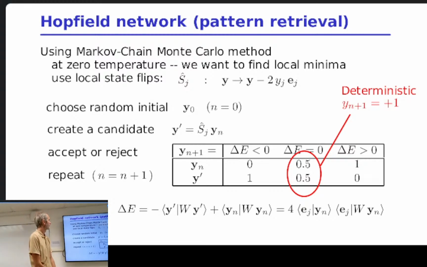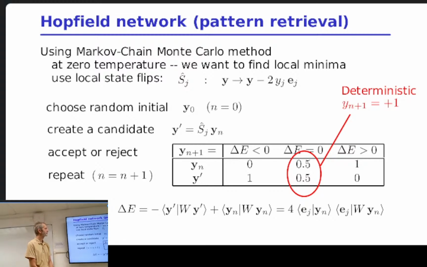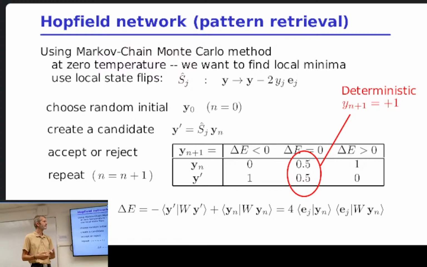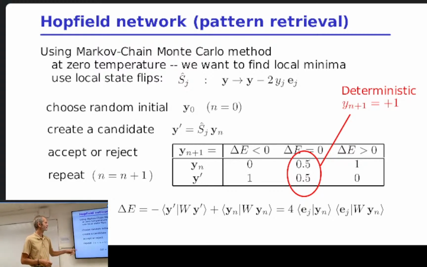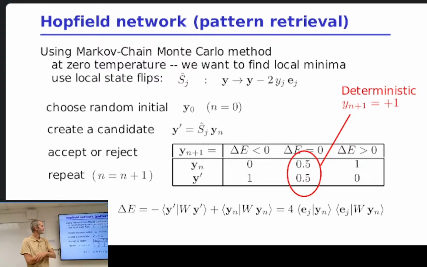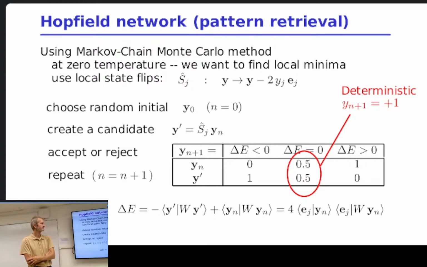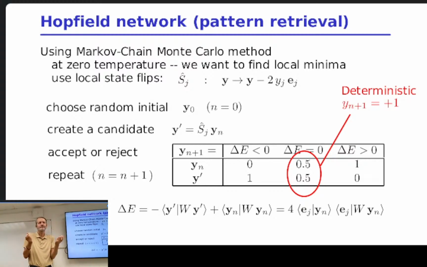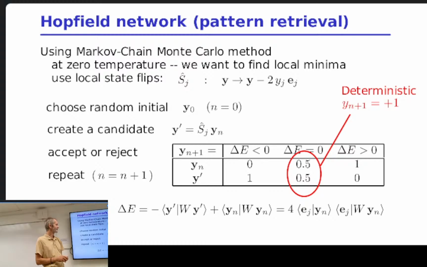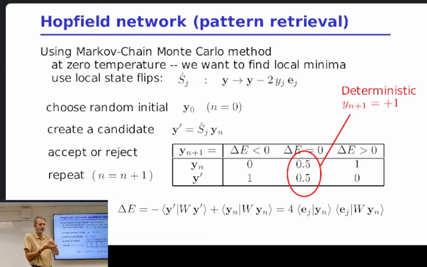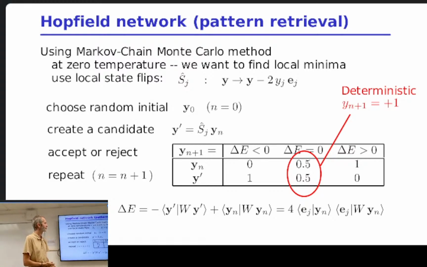Then you try to do elemental steps, which are local spin flips, local changes of your evolving pattern, and you want to get it close to the local minimum.